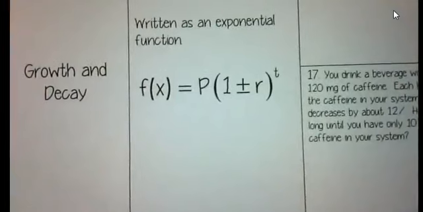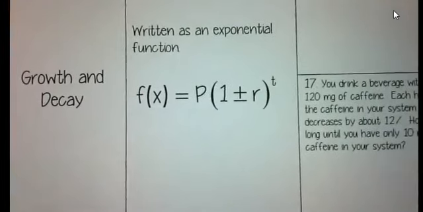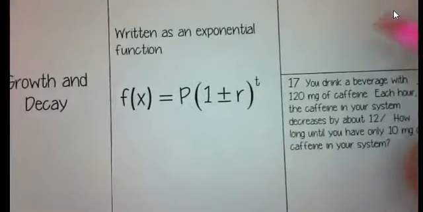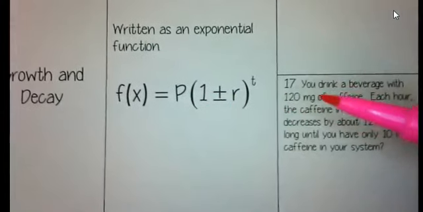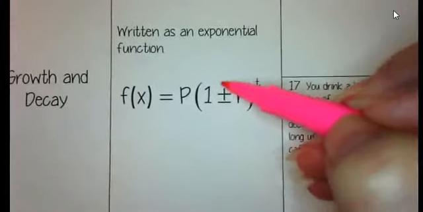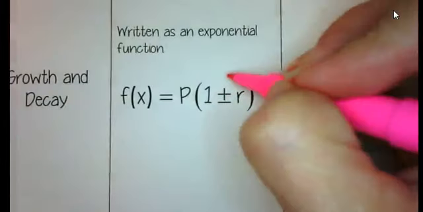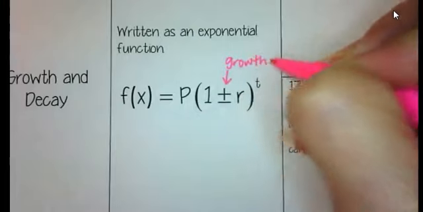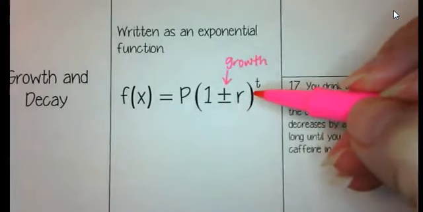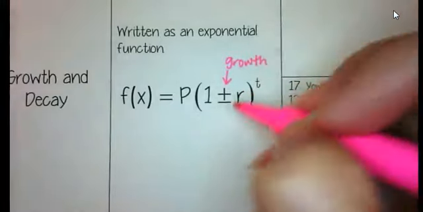Okay, growth and decay, hopefully you remember this one. This is always going to be an exponential function. What is convenient about this is that the pattern, the equation, is used for growth and decay. What's different is this right in here. So we are going to add if it's a growth, which it would have to be, we would have to multiply by a number bigger than 1 if we're growing.